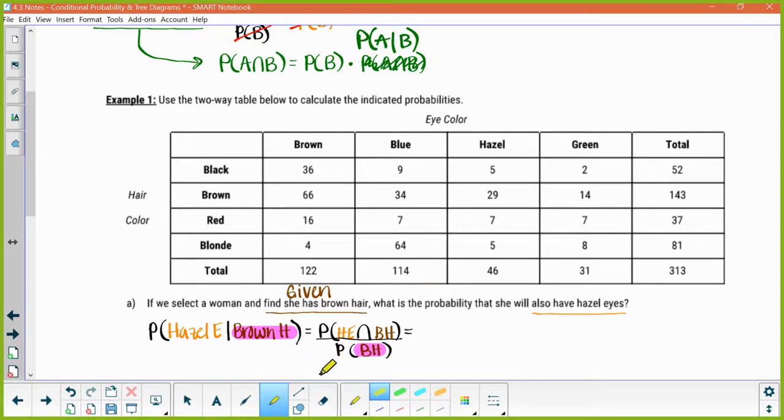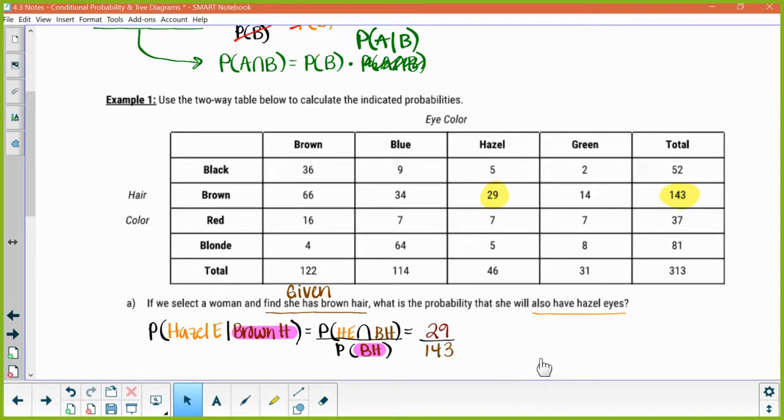So the probability that she has hazel eyes and brown hair. So I'm going to go to hazel eyes, I'm going to go to brown hair. That's a count of 29. So I'm going to have 29 over the probability that she has brown hair. That's going to be 143. So 29 over 143.